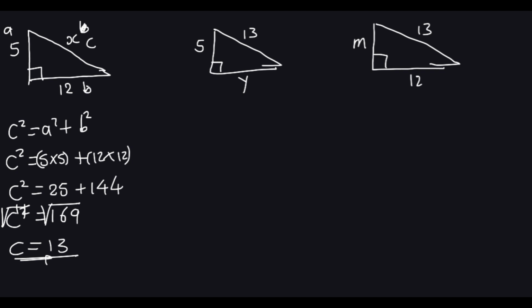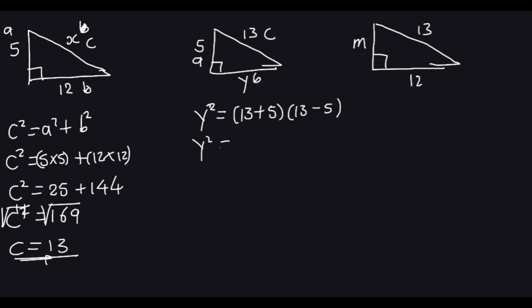Now let's solve for y. This is our a, b, c. So here we are solving for an adjacent. So we are going to say y squared is equal to 13 plus 5, then 13 minus 5.